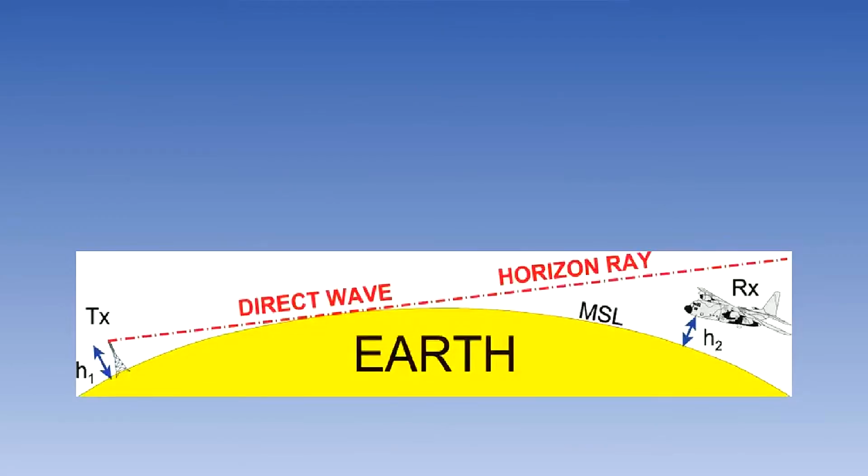So, the only propagation at these frequencies is line of sight. There is some atmospheric refraction, which causes the radio waves to bend towards the Earth. And this does increase the range slightly beyond the geometric horizon. But as radio frequency increases, refraction reduces.